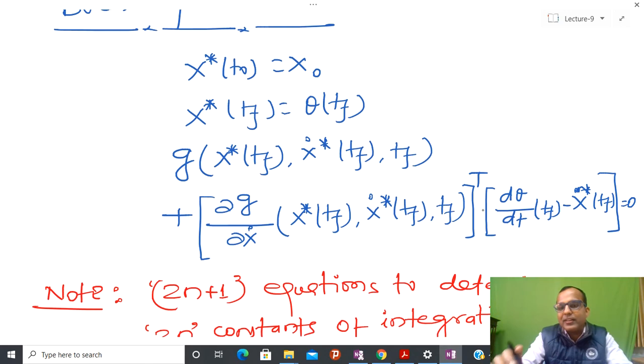And after that what we have observed is the second term, that is g at x star, x dot star, and t, where x star and x dot star are vectors here, and after that a minus sign is there, and dou g by dou x in the vector case I have transposed, and after that x dot TF, and that is multiplied with delta TF.